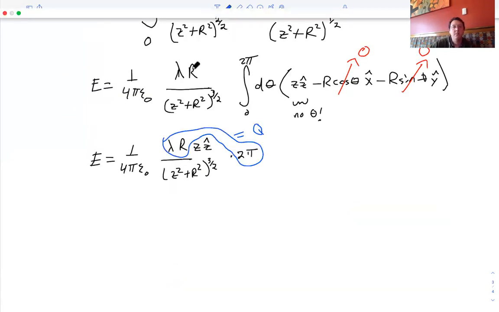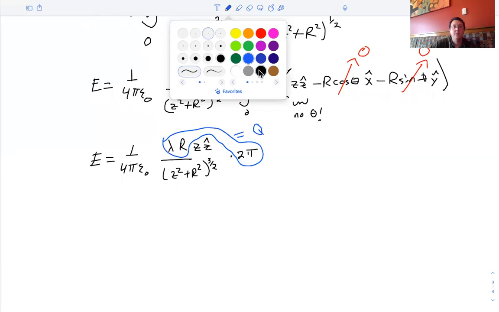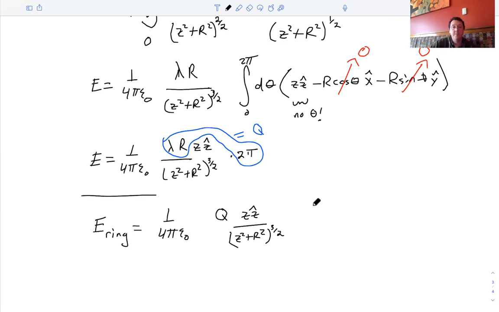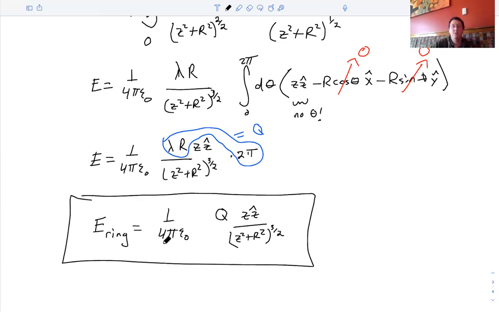So my final answer for the electric field a distance z above a ring lying in the xy plane is, and there you go. And that should match what we did on Tuesday.